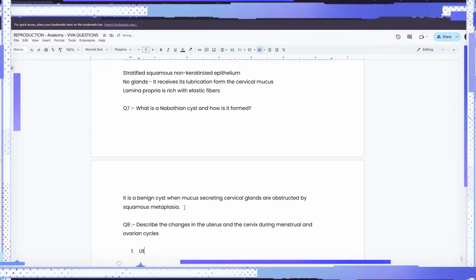If we talk about the uterus, it would be a rather simple trajectory. No problem whatsoever in terms of that. The idea behind it is very simple.